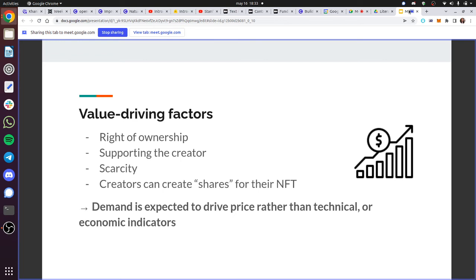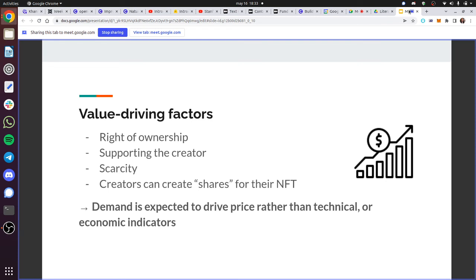Then of course the scarcity, so it's a unique piece, so this is also driving the value. And you can also share or buy NFTs as a shared project, so people can buy a piece of one NFT, and can own a piece of an NFT, which also drives value.